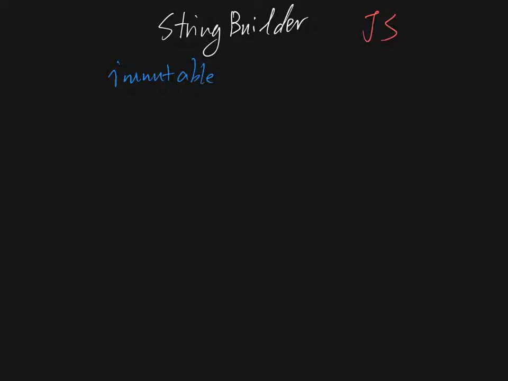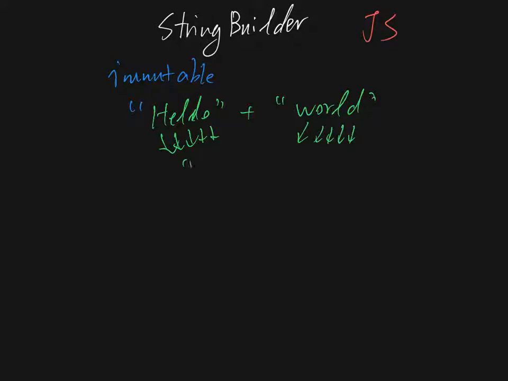So when you're adding two strings together, say hello plus world, what you're actually doing is making a new string, and copying every character one by one into that new string to make hello world.